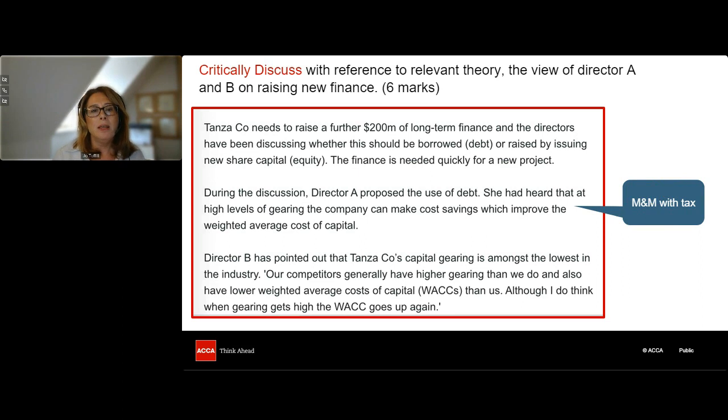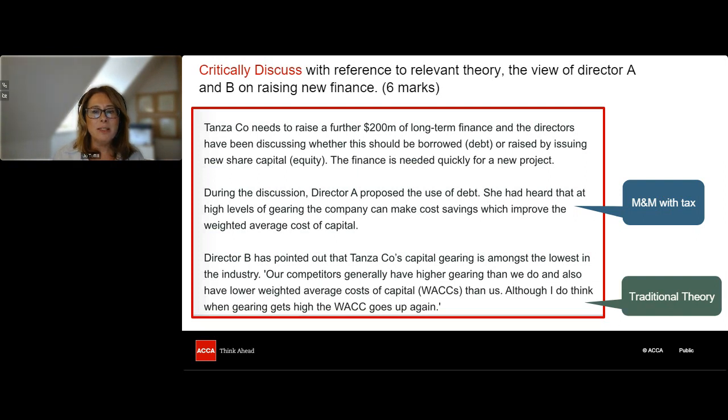That means if you increase the debt in your structure, then you will drive down the weighted average cost of capital. That's M&M with tax. The second theory is the traditional theory, where they're saying that effectively there's an optimum level of gearing. And if you go past that optimum level, then the WACC will go up again.